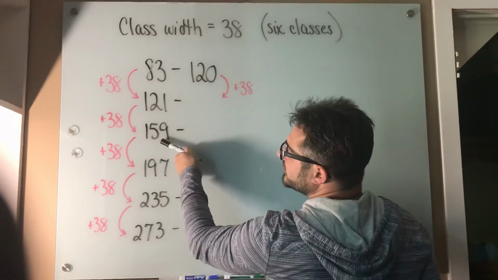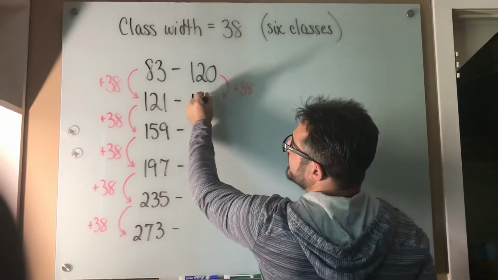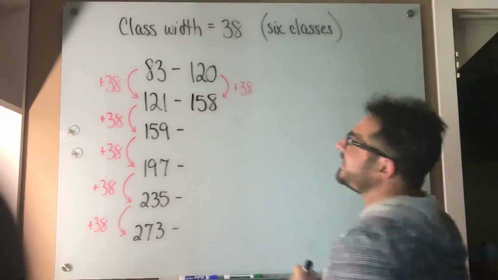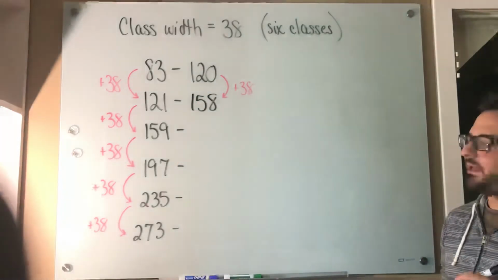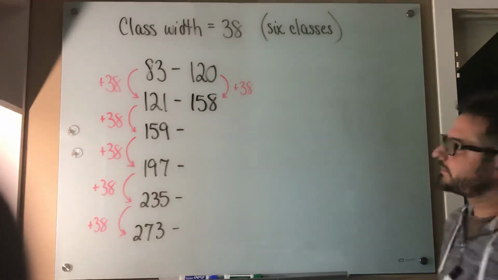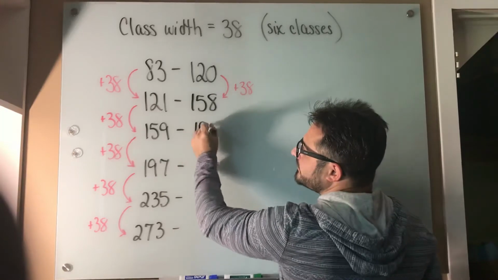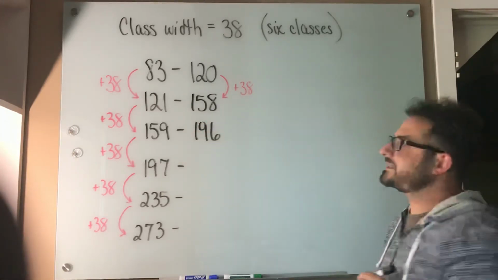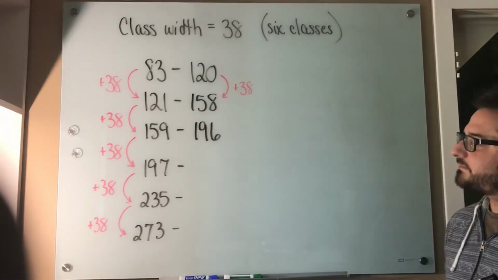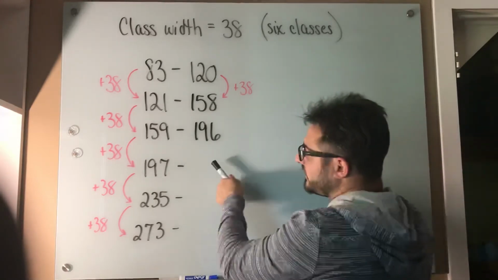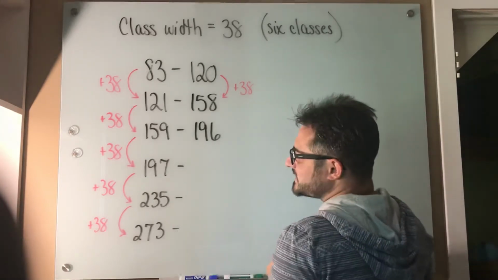So if the third class begins at 159, the second class must have ended at 158. If the fourth class begins at 197, then the third class must have ended at 196. This will work for us as long as we have another class to read off of.